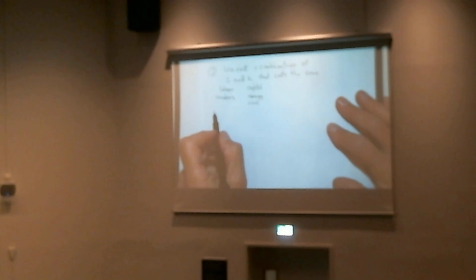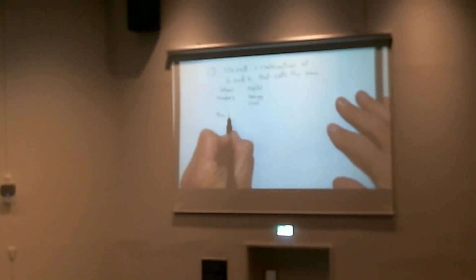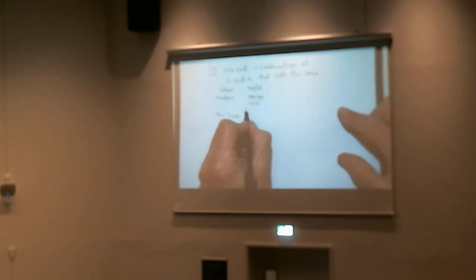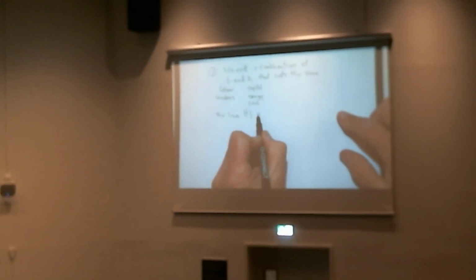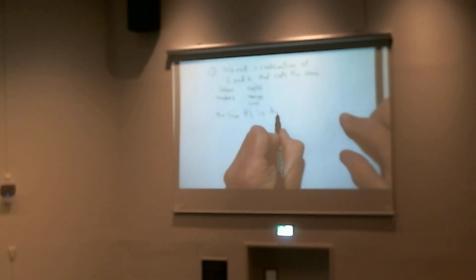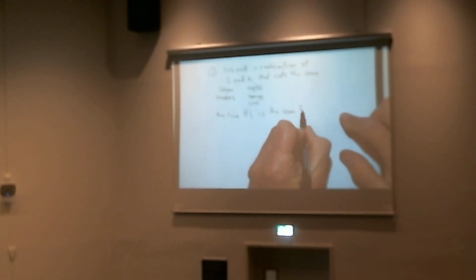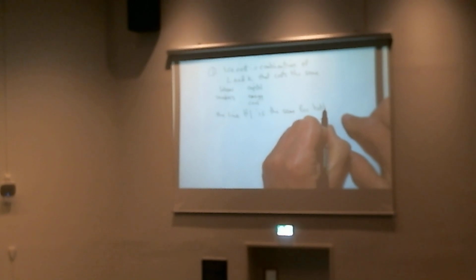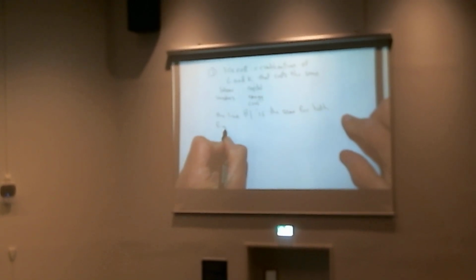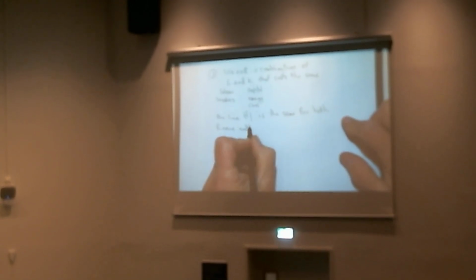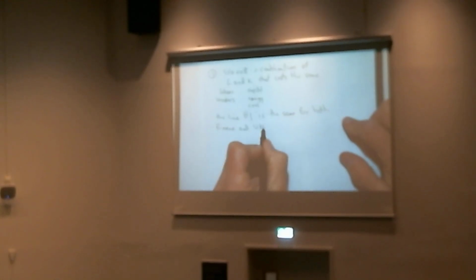But also, what do we know about this example here? We know that this line HJ is the same for both France and UK, England.